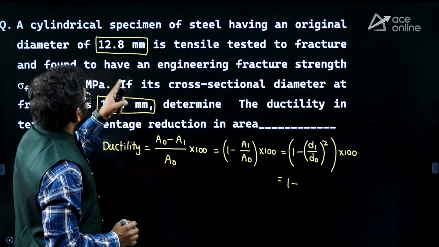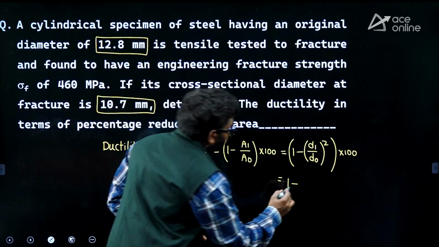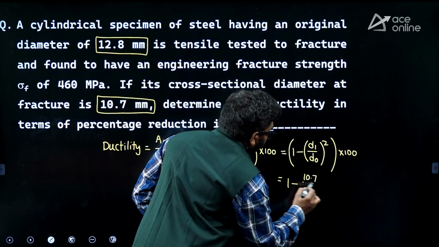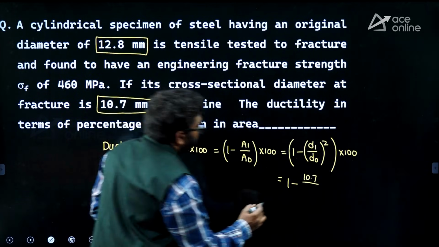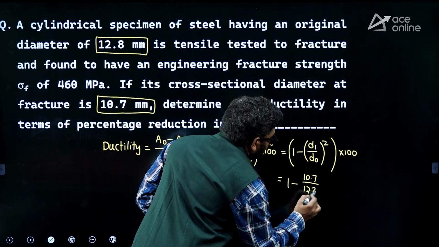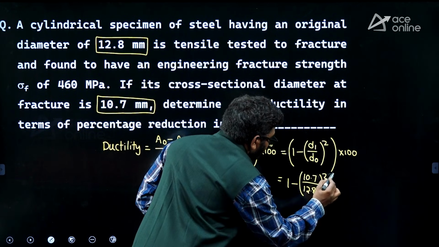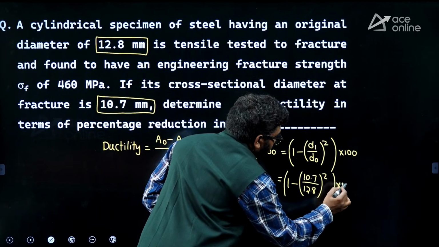Now, from this, 1 minus, D1 is how much, you know? D1 is 10.7. D naught is 12.8, whole square into 100.